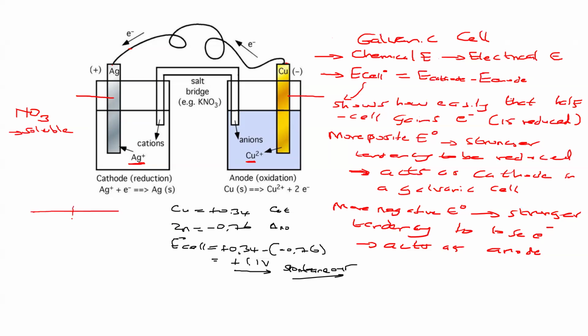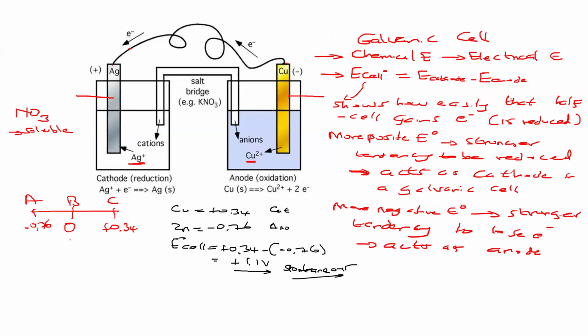We know that the number line has got the 0, and below 0 we've got negatives, and above 0 we've got positives. So we can have plus 0.34, and then you have minus 0.76. We can say A, B, C, D, E, F, G like that.